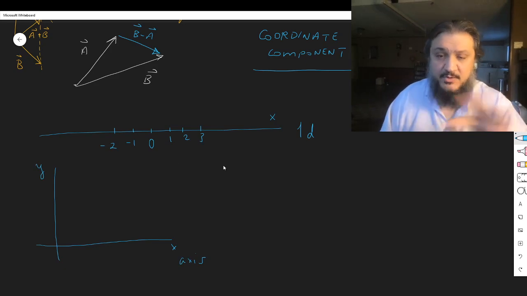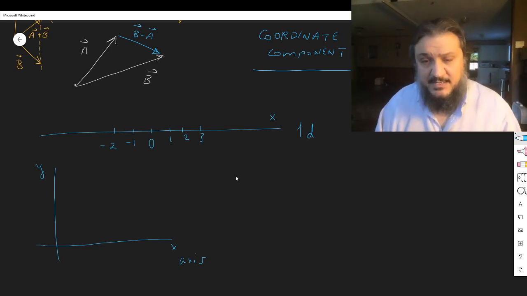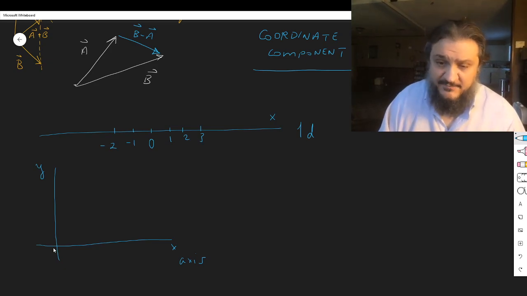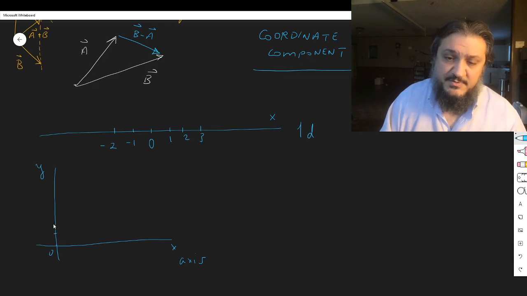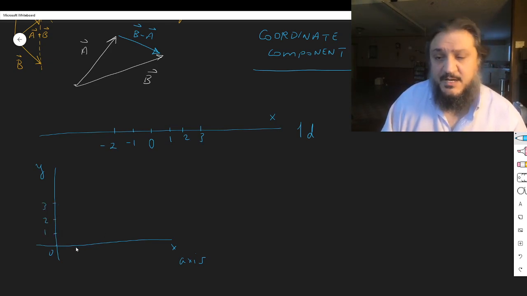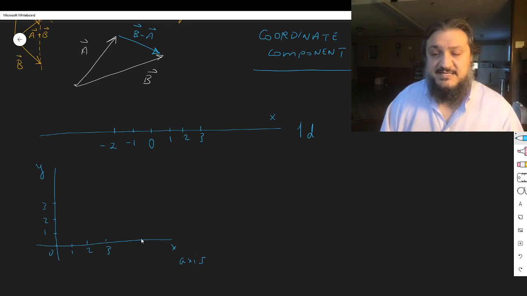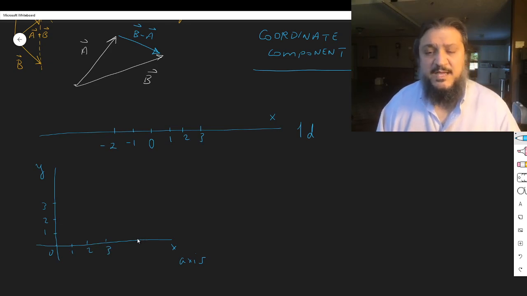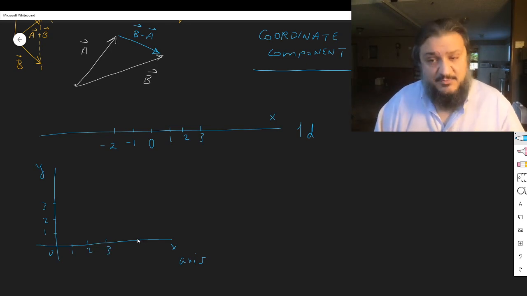So any point on this 2D plane is uniquely determined by just 2 numbers, because I will have the intersection point as my origin, and my positive y's will be here, 1, 2, 3, etc. And my positive x's will be to the right. So any given point on this xy plane will be a pair of numbers, x and y, basically.